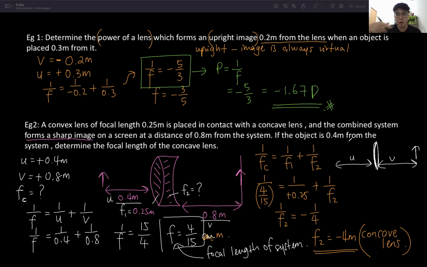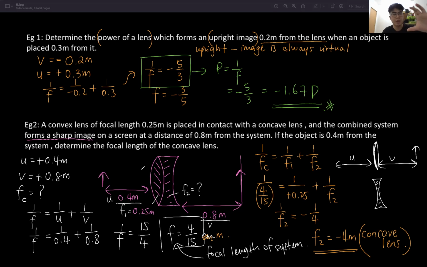But for concave lens, it always forms a virtual image, correct? There's no real image formed. So if there's no real image, then how do you measure the V? You cannot measure the V because you cannot see the image. So the way to find the focal length of the concave lens is by using this setup.